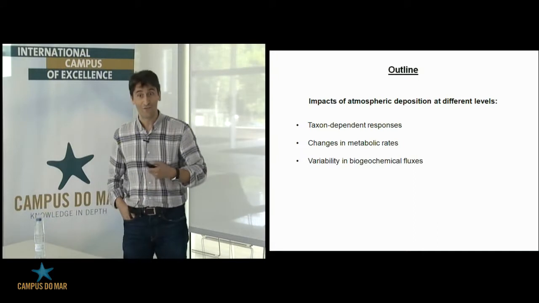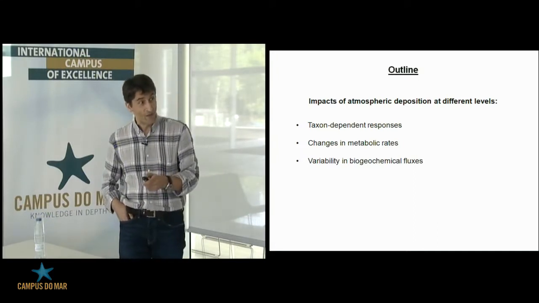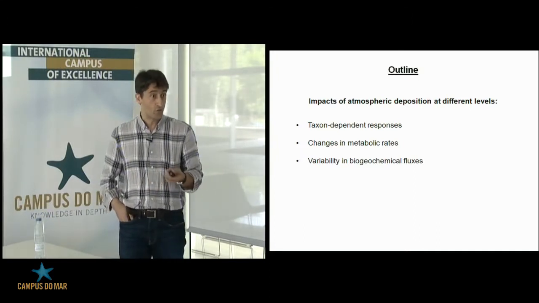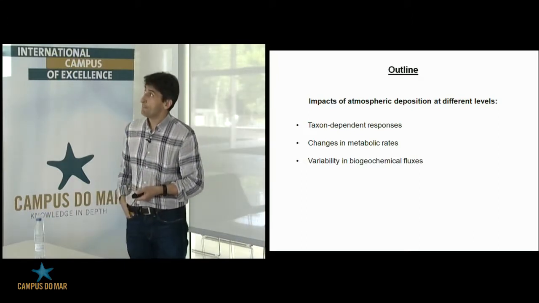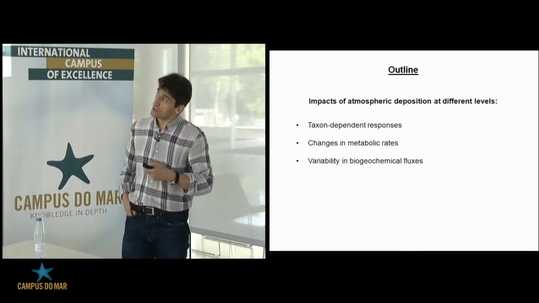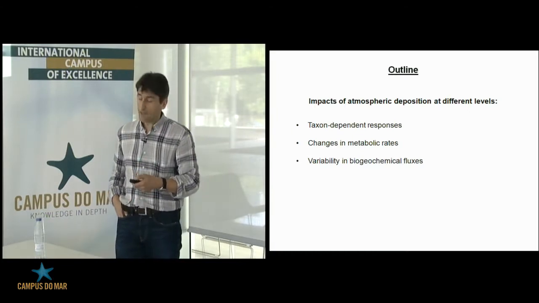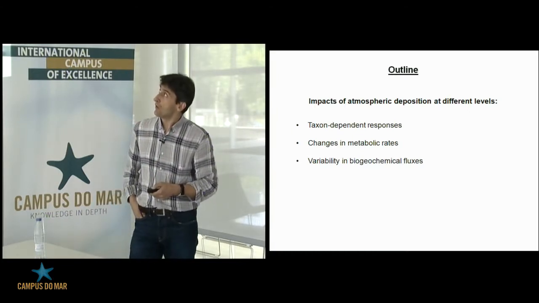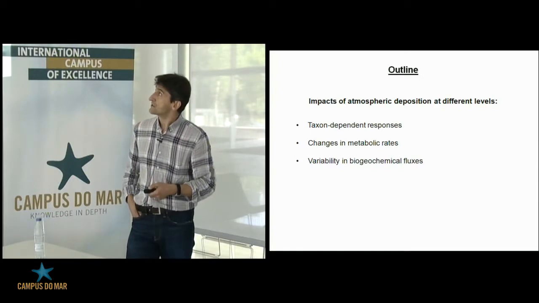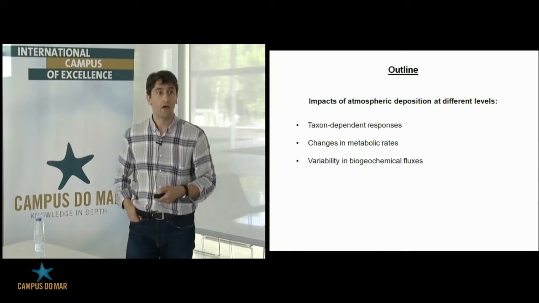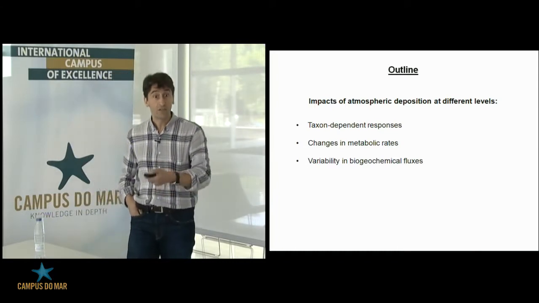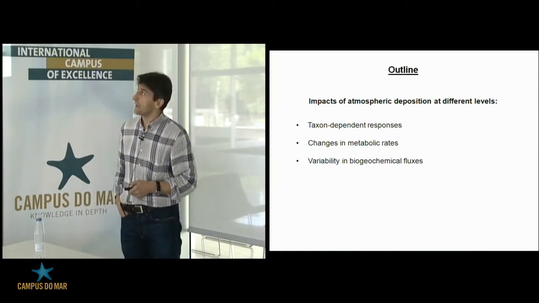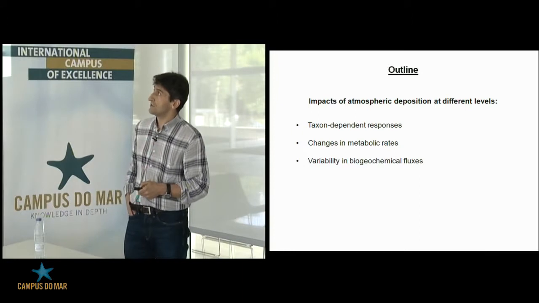And I will try to convince you that the balance between the responses of the photoautotrophs and the responses of the heterotrophs is key. And finally, I would like to give a broader picture of the role of dust deposition and atmospheric deposition by looking at large-scale variability in some biogeochemical fluxes that can be ultimately driven by changes in dust deposition or atmospheric deposition.